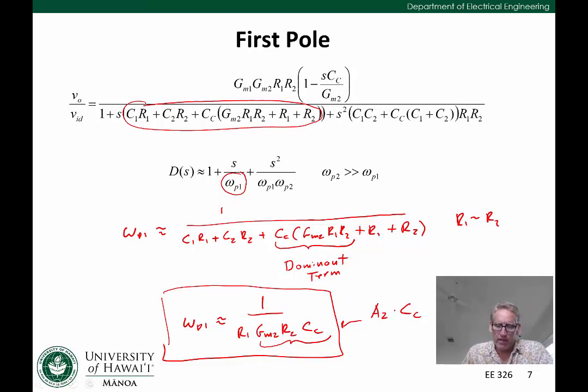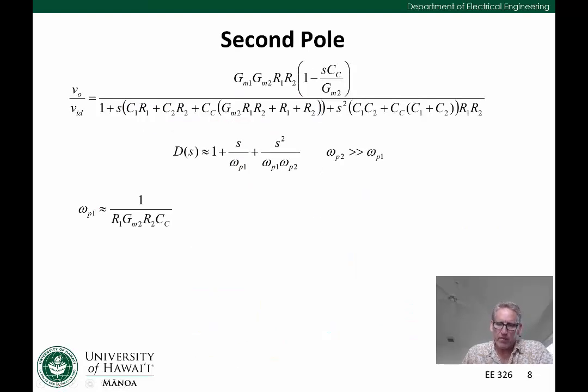Okay, so now that we have an approximation for omega p1, let's see if we can determine what omega p2 might be. We have omega p1 as our approximation, and we have this equation for the total denominator.